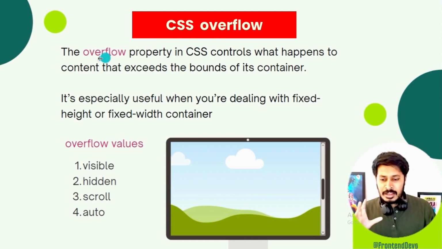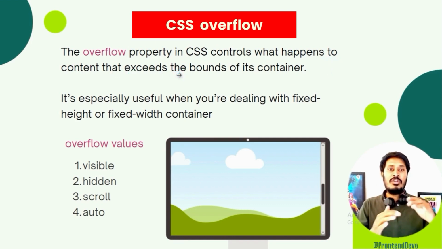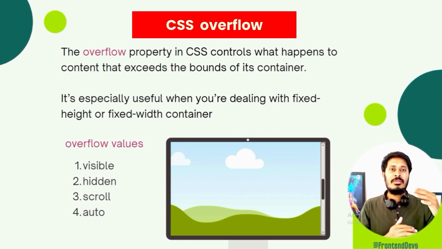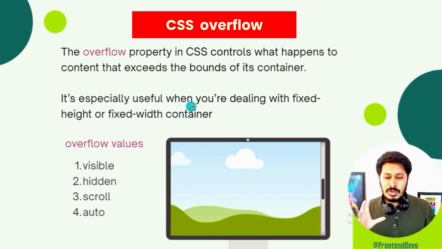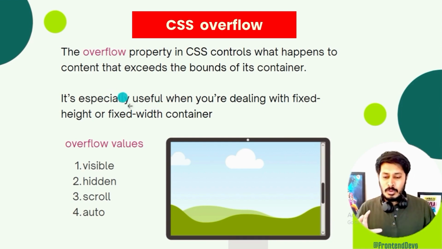If you look at the definition, the overflow property in CSS controls what happens to content that exceeds the bounds of the container. That means the height of the content is more than the height of your container. It is especially useful when you are dealing with fixed height or fixed width content. When we talk about overflow, we have four different values.